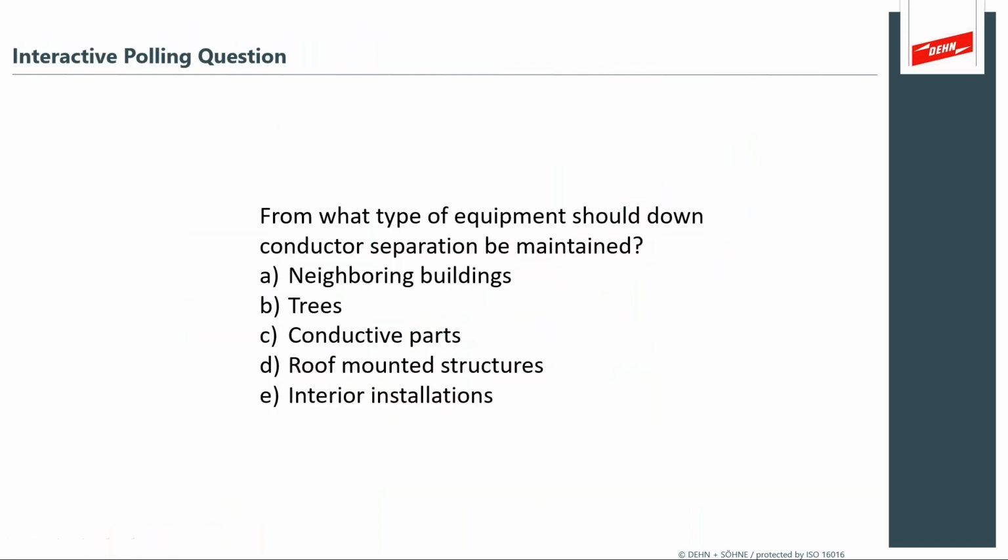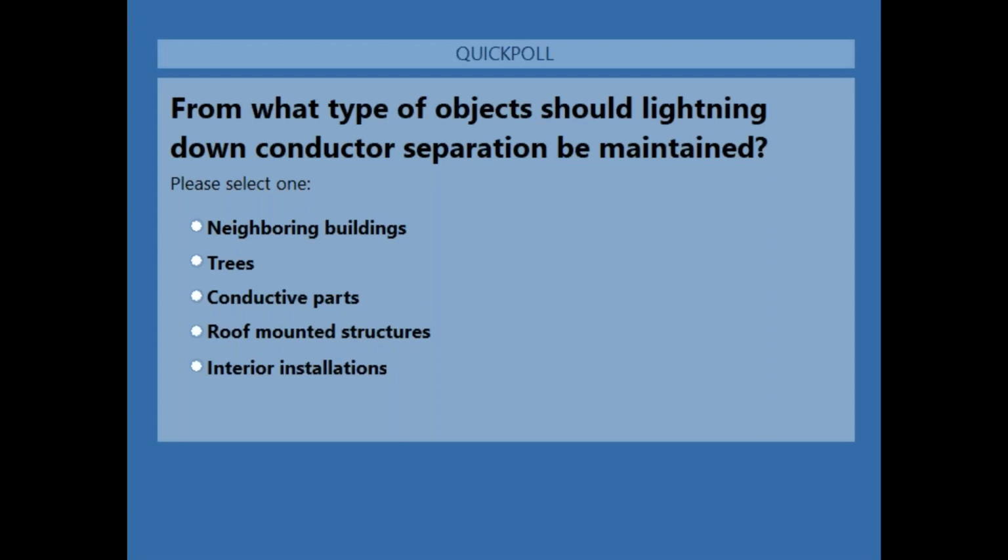So we have another polling question we'd like to get our audience to help us understand what you think is the best practice. From what type of equipment should down conductor separation be maintained? Buildings, trees, conductive parts, roof-mounted structures are the best fit for this discussion.